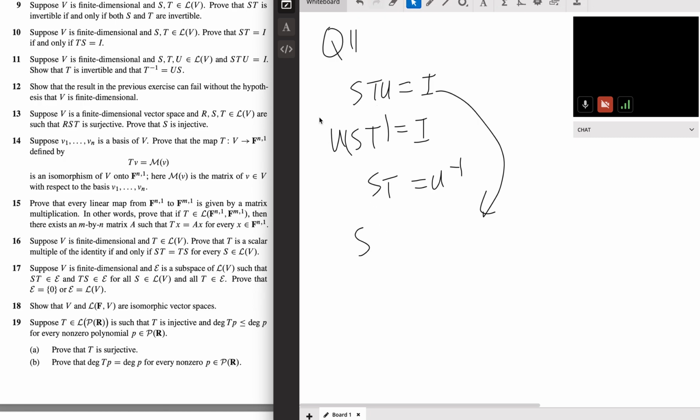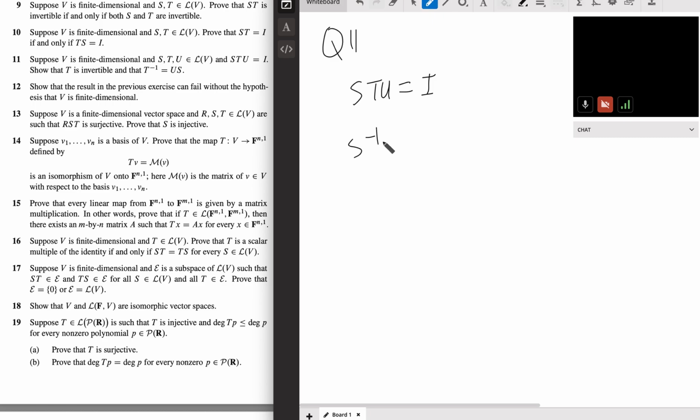I don't want to go this way. I probably want to go the other way around, actually. So I want to show S inverse is equal to U. I can multiply things on both sides by S inverse. TU is equal to S inverse.